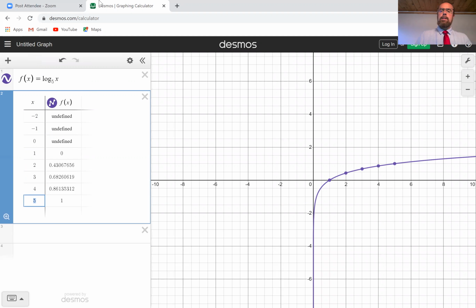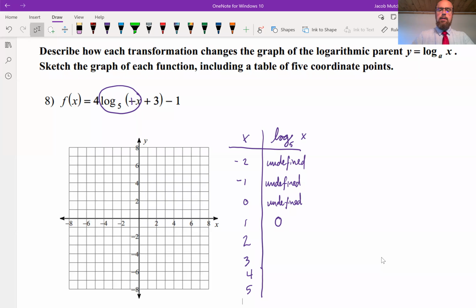Well, that gives us what we need from our calculator. We got our table, so I'm just going to finish inputting here for 2, 0.43, 3 was 0.68, 4 was 0.86, and 5 had the output of 1.